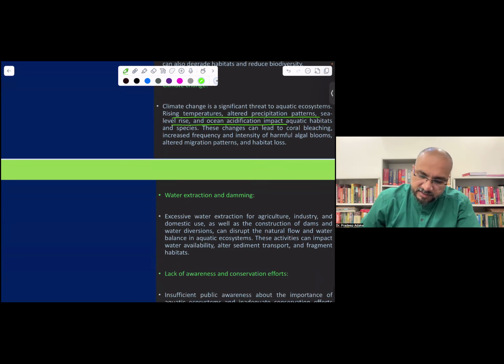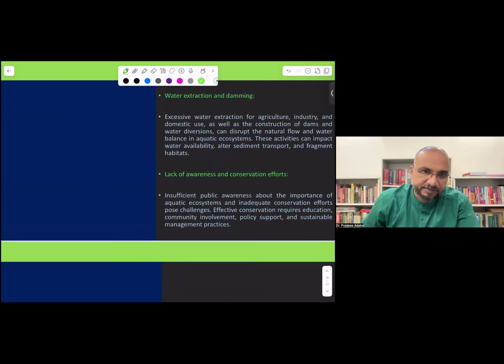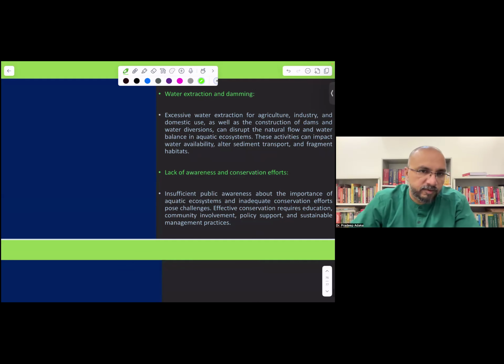Then again, water extraction and damming. So you are stopping the flow of water, and there is excessive use of surface water. This can also be for transportation. You can take one example, the Gangetic dolphin. It is affected by inland transportation.